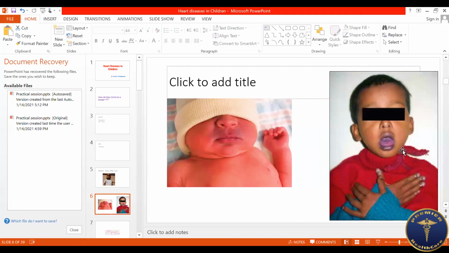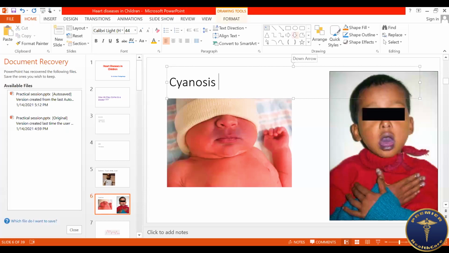That is called cyanosis. Have you seen children with cyanosis? In real life, we have plenty of children with cyanosis coming to premier pediatric clinics. When you come to a premier hospital, premier healthcare, you will start to see these children in real life.